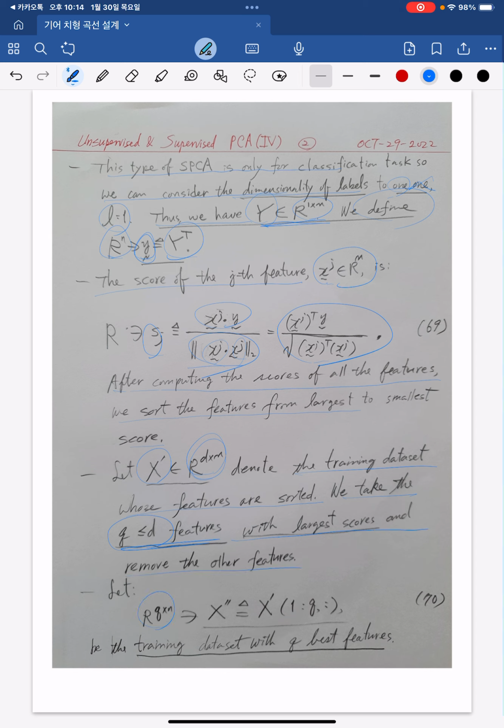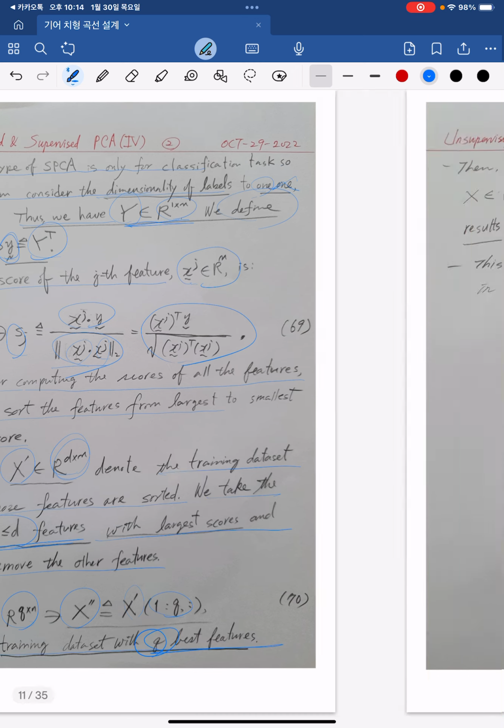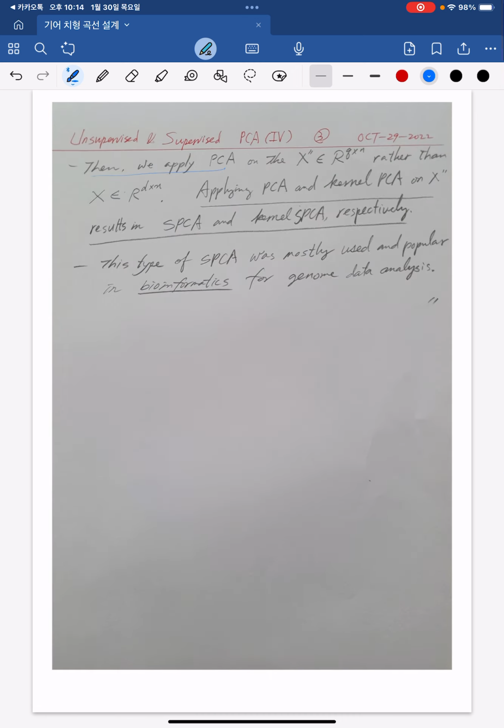Let X2 prime, Q by N, be X prime rows 1 to Q, the training data set with the Q best features. Then we apply PCA on X2 prime, Q by N, rather than the D by N X. Applying PCA and the kernel PCA on X2 prime results in SPCA and the kernel SPCA respectively.